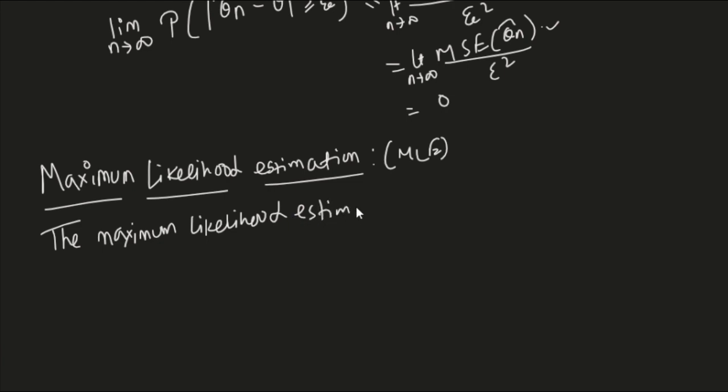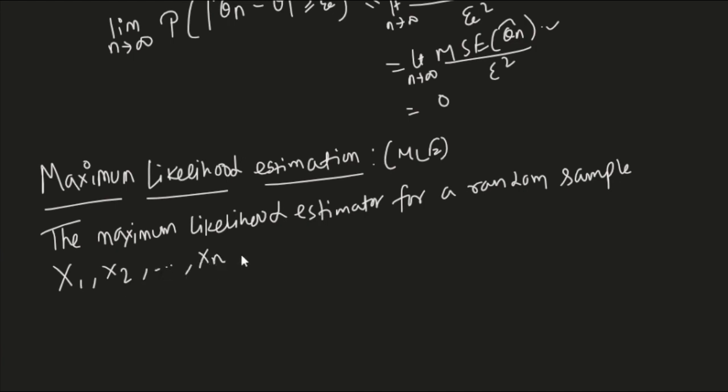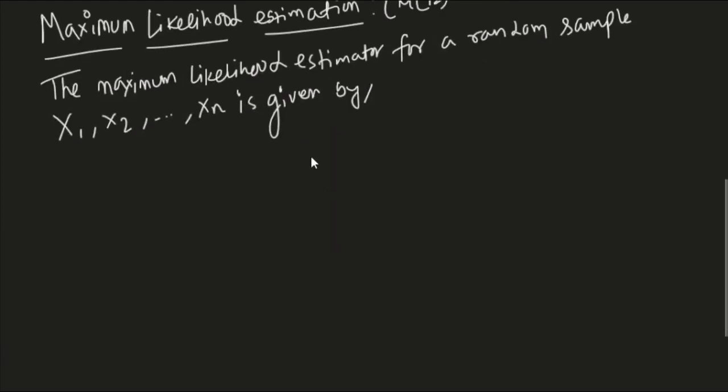estimator for a random sample is given by, so this random sample is given by, so this is our maximum likelihood estimator defined, and we do this like this.